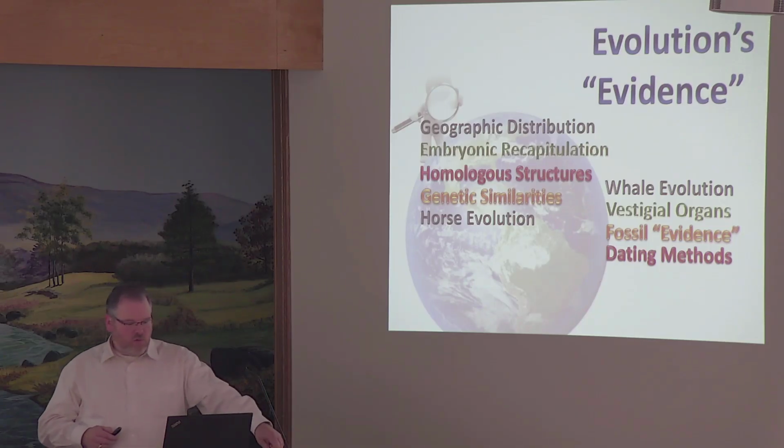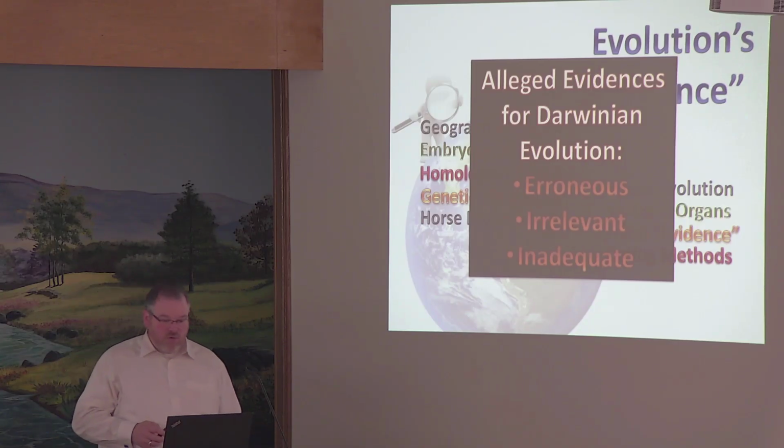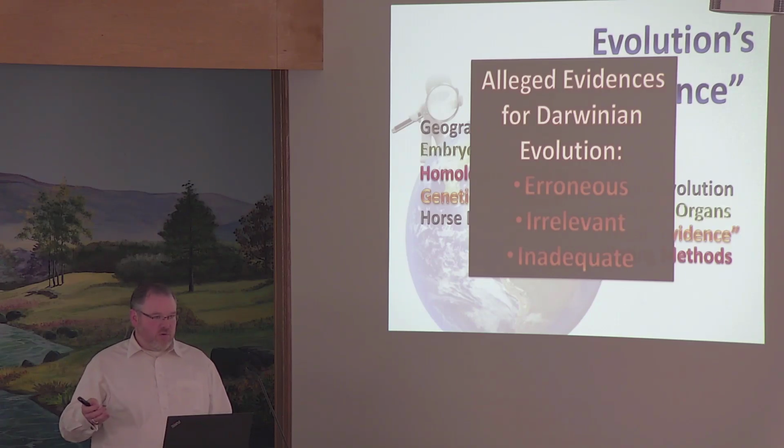But really, as we wade through these evidences, we'll find that each of them falls into one of these 3 categories. Either erroneous evidence, that is, they've been proven to be false already, even by evolutionists, and it just hasn't been taken out of the textbooks.